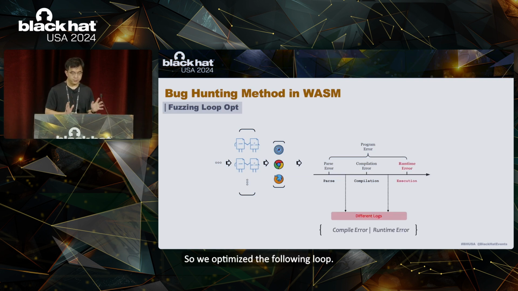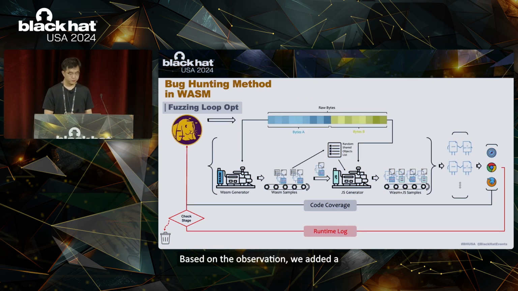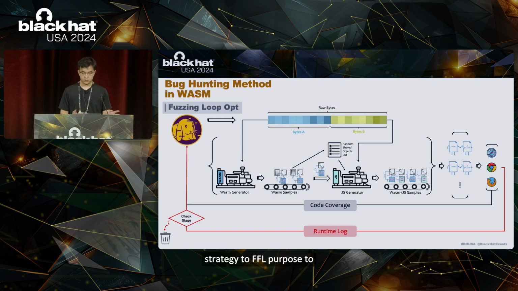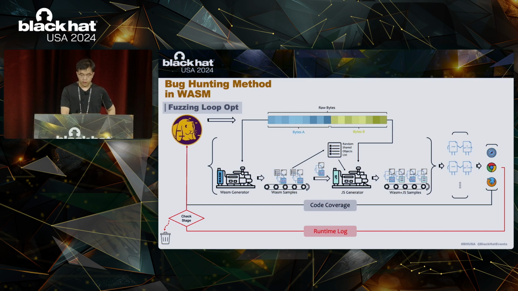So we optimize the fuzzing loop. We found that the error message can clearly show the engine's processing stage. For instance, parse and compile error logs are pretty different from runtime error logs, and this is true for nearly all the engines. Based on this observation, we added a regular expression matching strategy to AFL++ to determine the processing phase based on the engine's output logs.